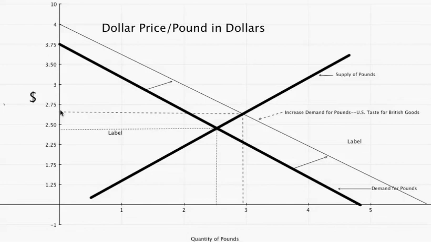Vice versa, if the dollar price per pound declines, that simply means that the dollar is strengthening. Say we go in reverse, 260 for a pound down to 240. It's taking us less dollars to acquire a pound.